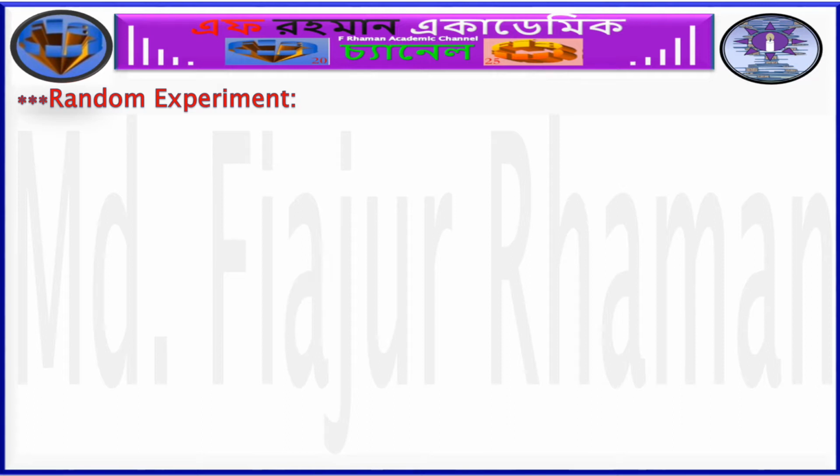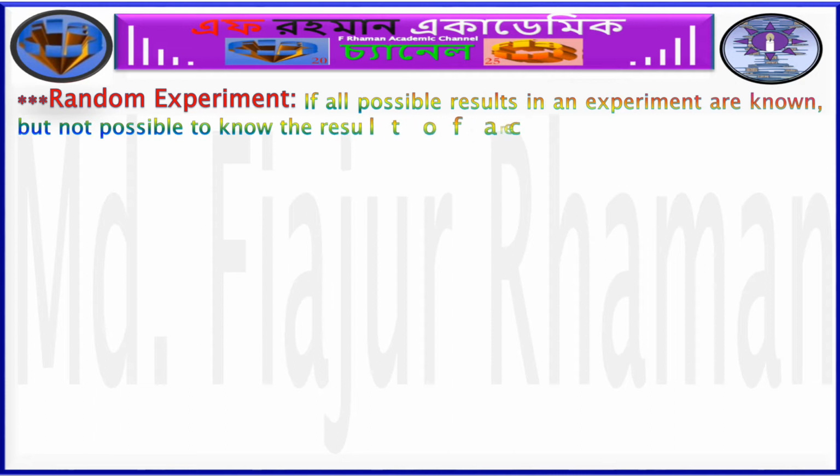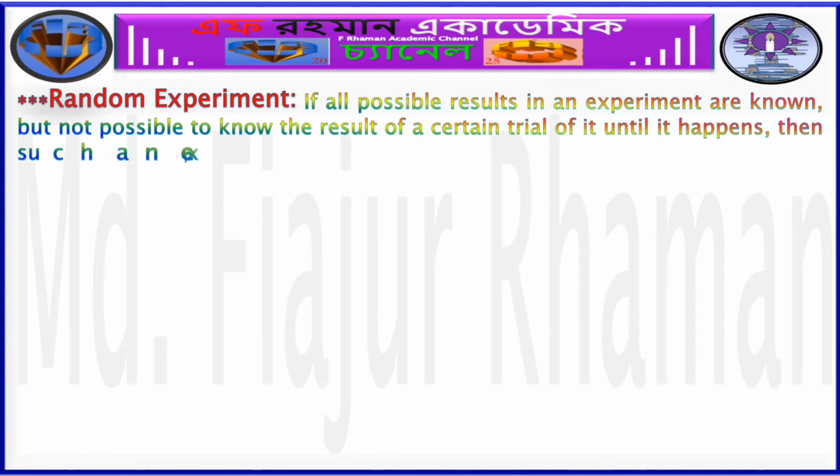Random experiment. If all possible results in an experiment are known, but it is not possible to know the result of a certain trial of it until it happens, then such an experiment is called a random experiment.